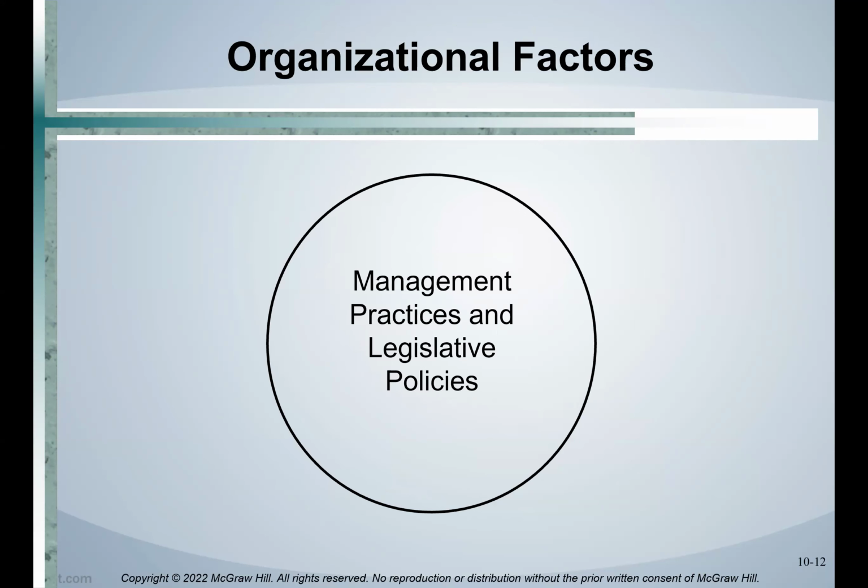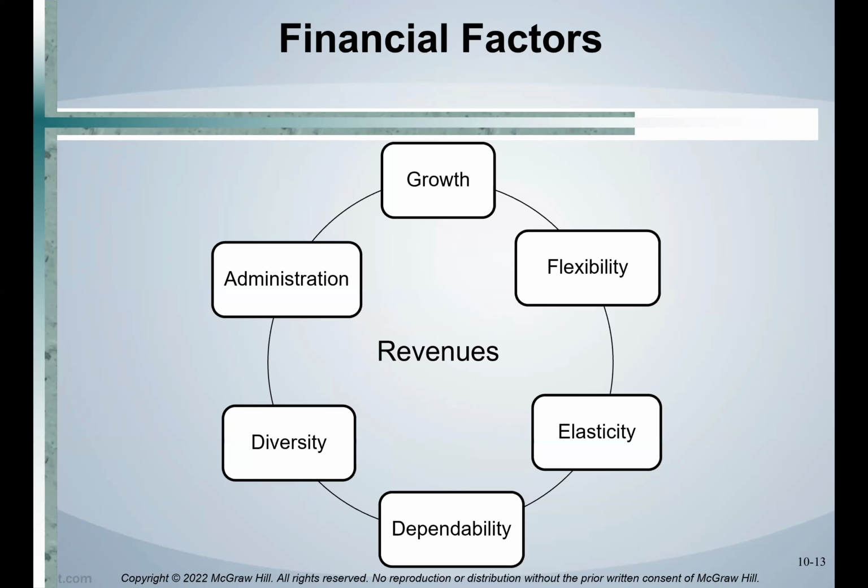Organizational factors, management practices, and the legislative process. When we look at revenues, what is the growth of those revenues? What is the dependability of those revenues? If we're going to be getting into declining property values, what could be some of the potential effects? You look at the economic conditions and outlook.